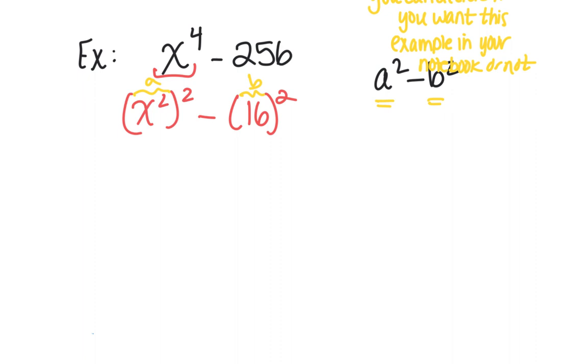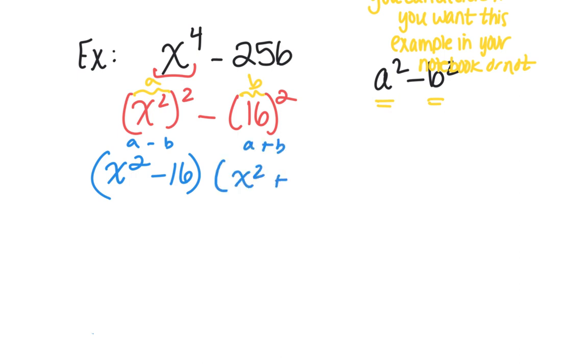And so what that looks like is I'm going to take x squared, that's my a, minus 16. There's my a minus b. And then we're going to do times a plus b. So x squared plus 16. All right, and then I'm looking to see if I can factor this another time.